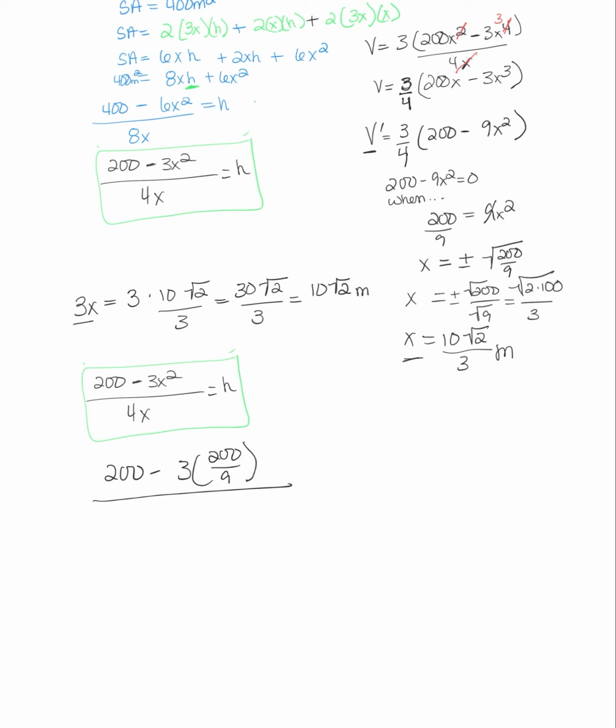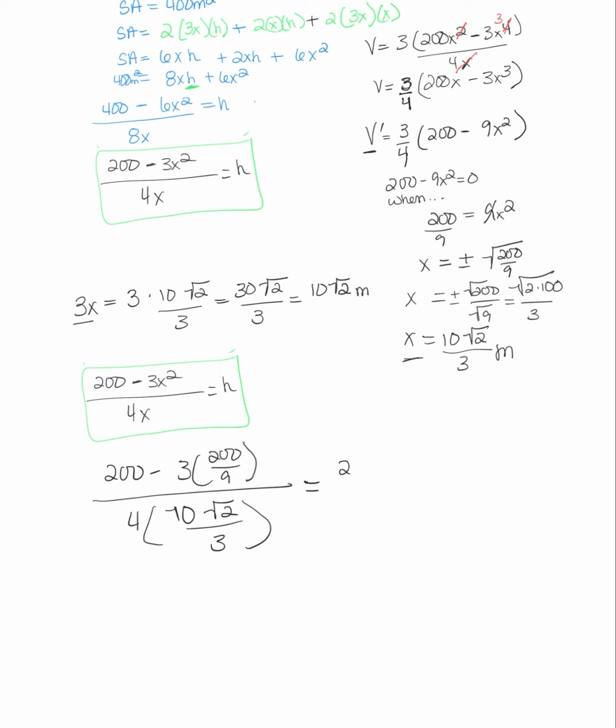Because when you square a square root, it just becomes what was underneath the square root. But then we have 4 times, and then we'll do just regular old x, which we said was the square root of 200 over 9. So we'll just say 10 square root of 2 over 3. These are all the same thing, but we're just going to plug it in to where it's easier for us to work with.